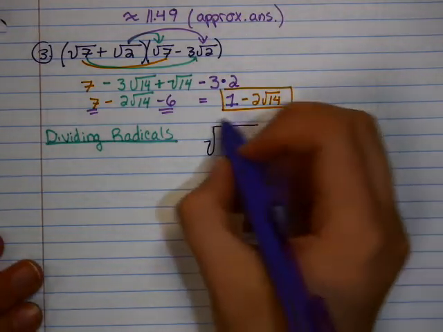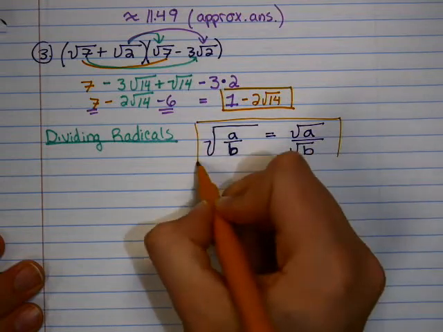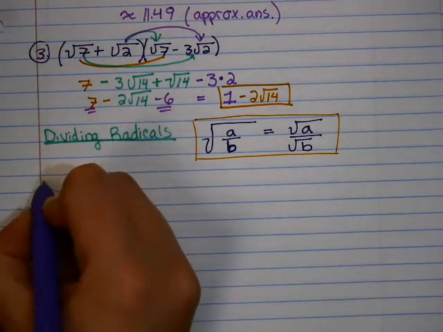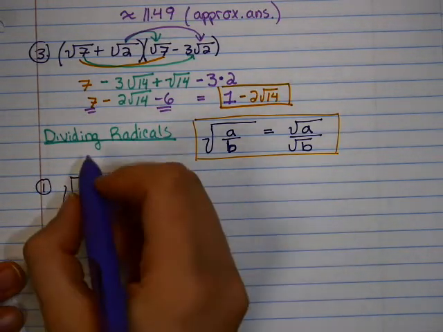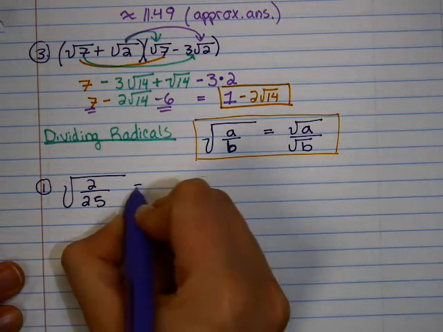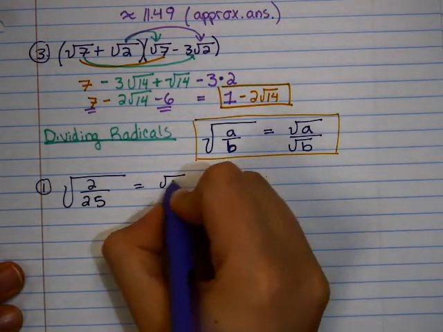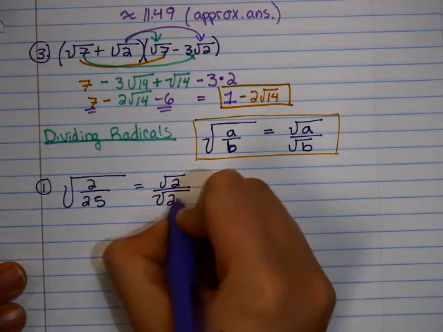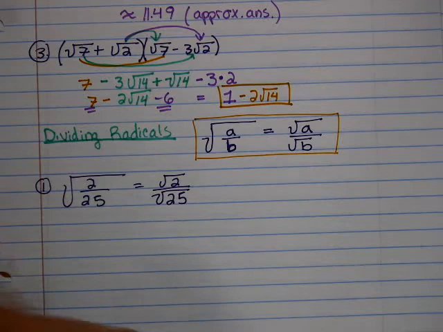Okay. So let's use this as just a general rule we can look back to. So let's do some basic examples. If I took the square root of 2 over 25, I'm going to break apart that radical and rewrite it as the square root of 2 divided by the square root of 25.